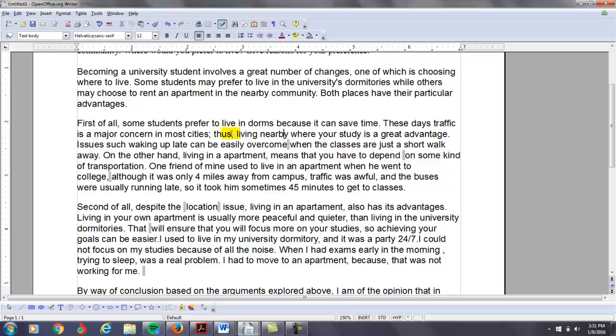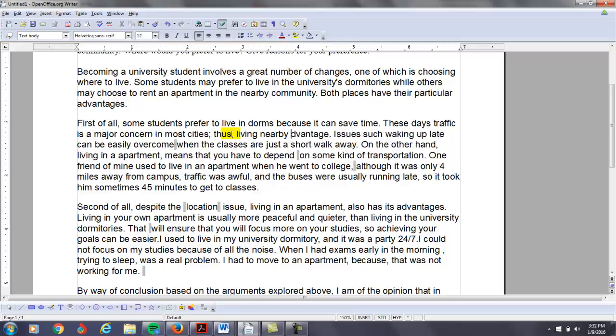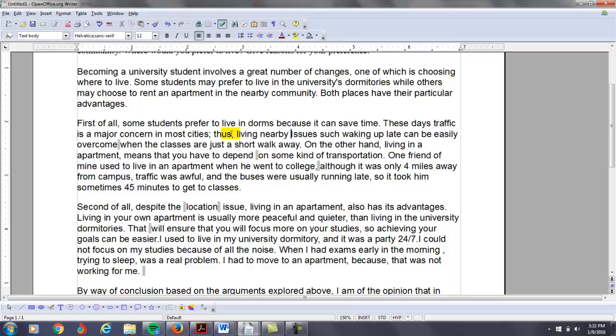living nearby, I'm trying to make it a little more concise here.